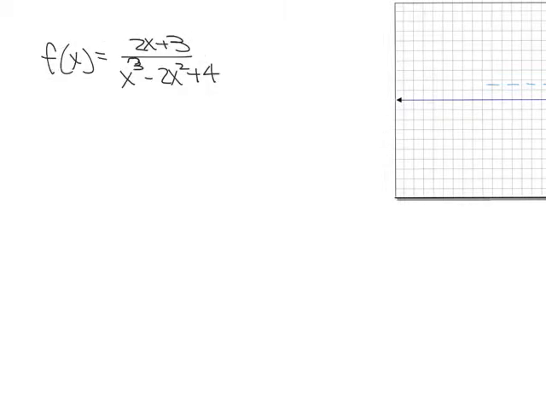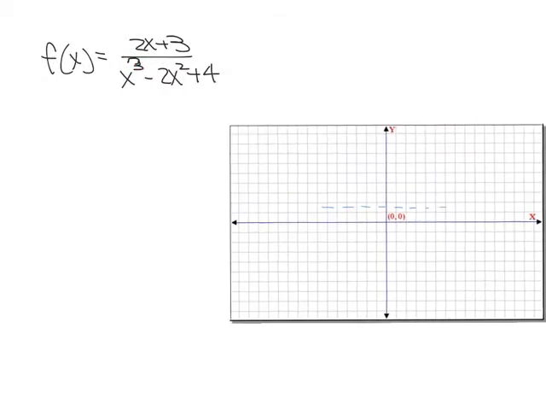Okay, so when the exponents were the same, we said that it was just this 2 over the coefficient here. In this case, it would be a 1. Now they're different. So the numerator degree is less than the degree of the denominator. And you're thinking, oh no, this is where it gets hard. Yeah, this is where it gets really tricky.